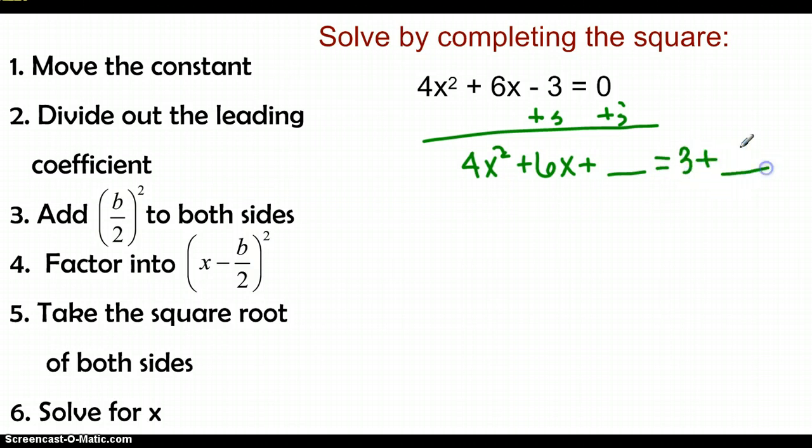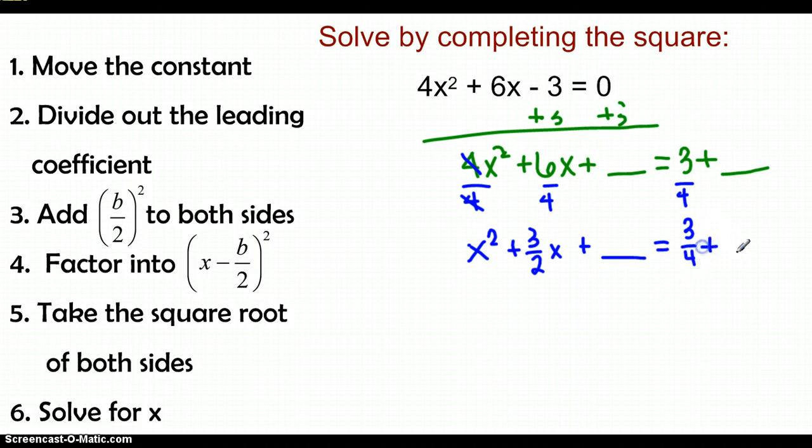And addition property of equality, do the same to the other. Our leading coefficient is 4, so we're going to divide by 4. 0 divided by 4 would be 0 over there. And reduce. So x squared plus 3/2 x plus blank equals 3/4 plus blank.